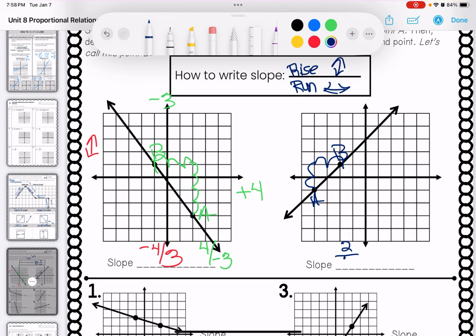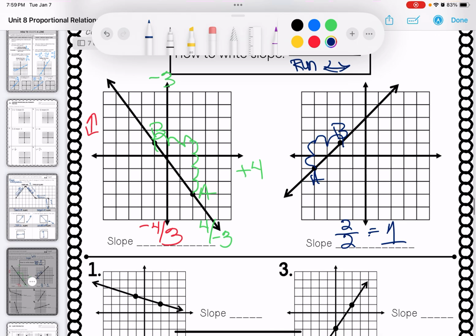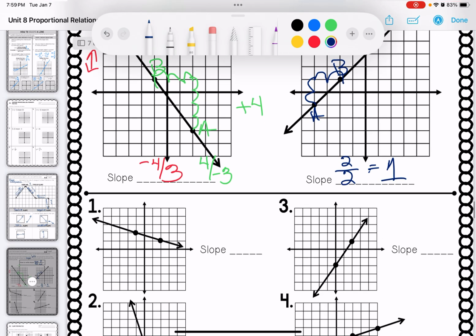Went in the positive direction, that is 2. So my slope is 2 over 2. Well, that can be reduced to 1. So notice my line is going up. If I start here and go to the next point, it is going up like an airplane.